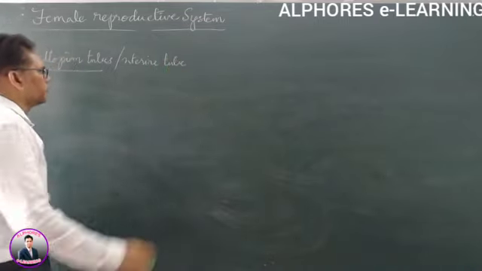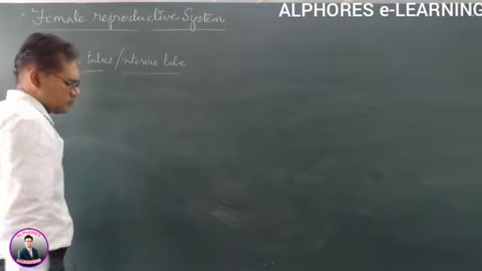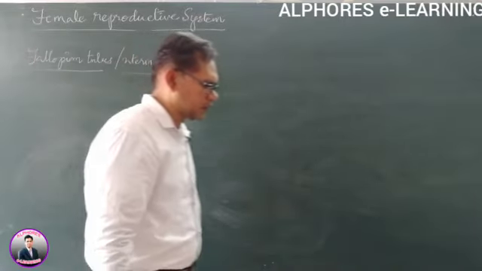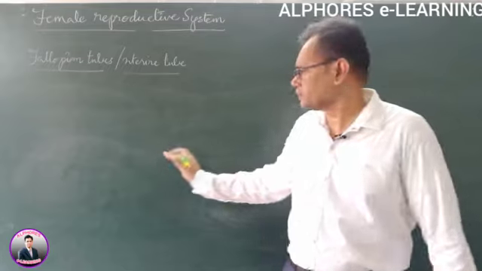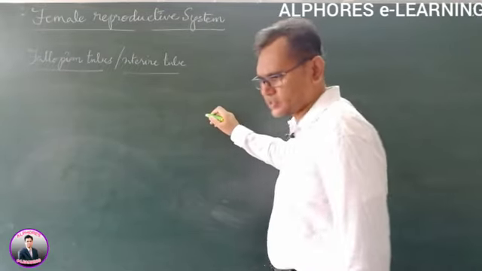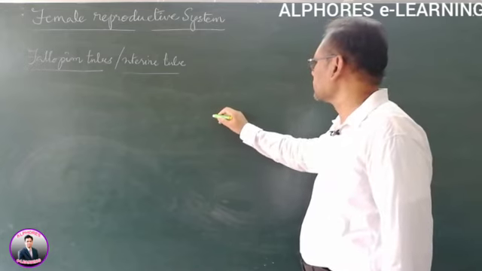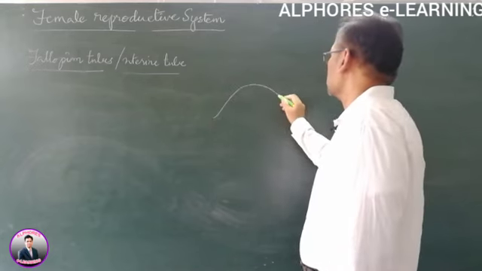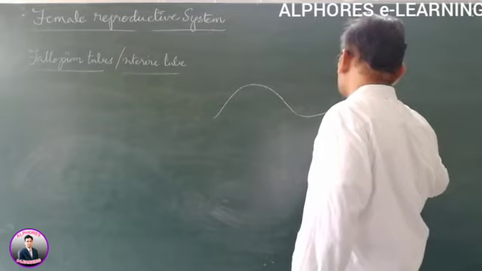Now, what are these structures and where they are present? First we will draw the entire structure of the female reproductive system. This is the uterus along with fallopian tubes.